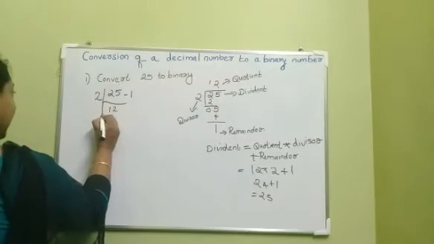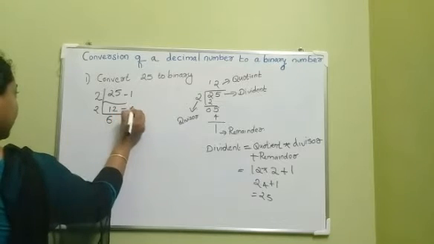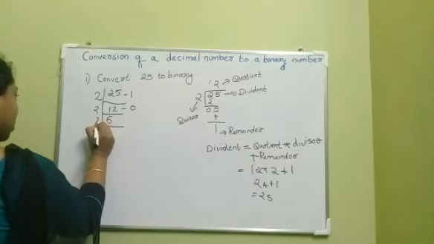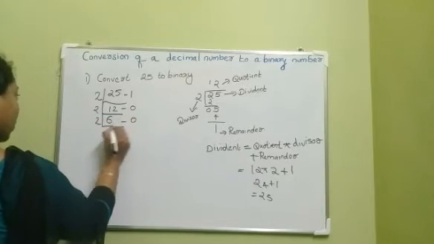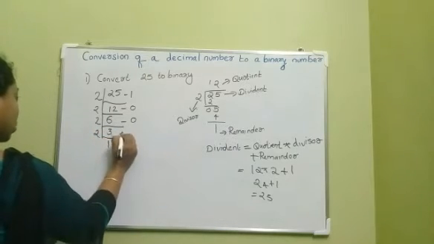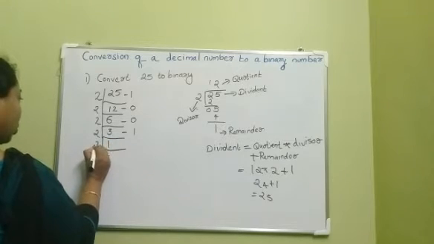Again divide by 2. 6 twos are 12, remainder 0. Again divide by 2. 3 twos are 6, remainder 0. Again divide by 2. 1 two is 2, remainder 1. Again divide by 2.